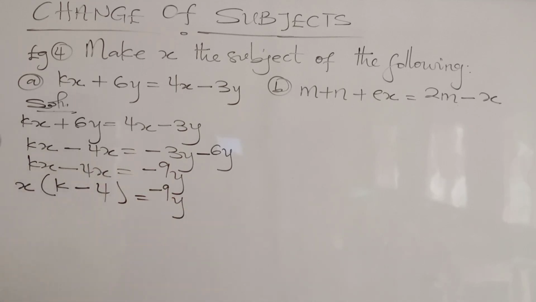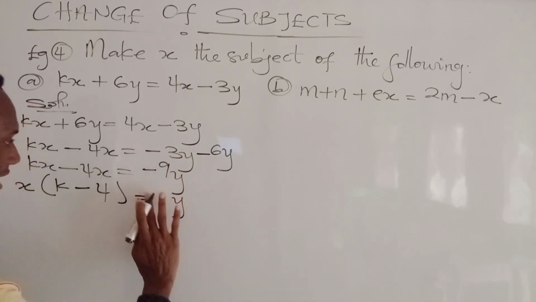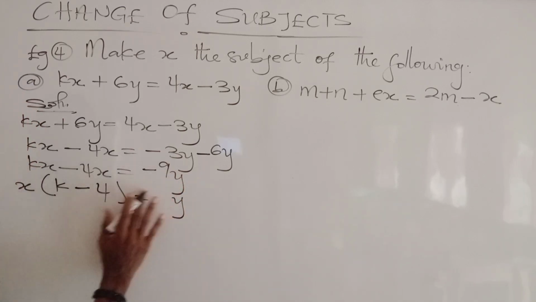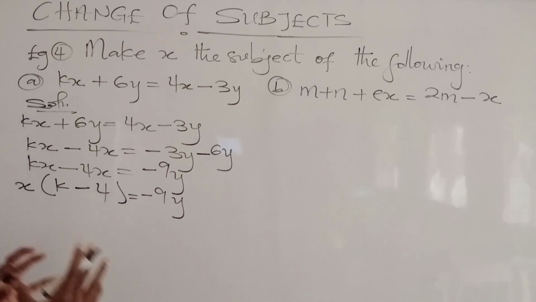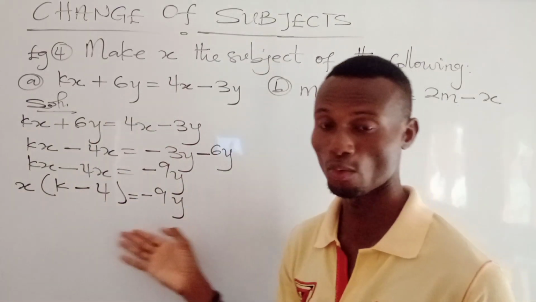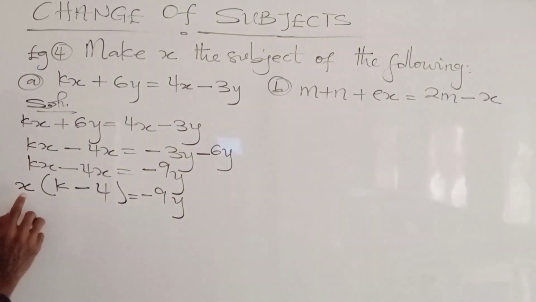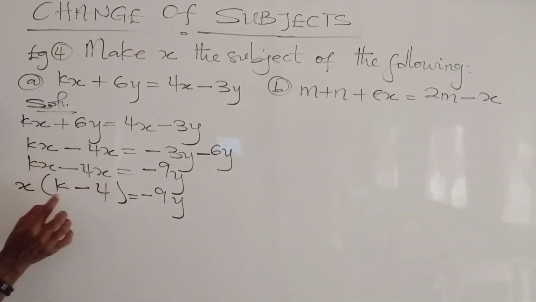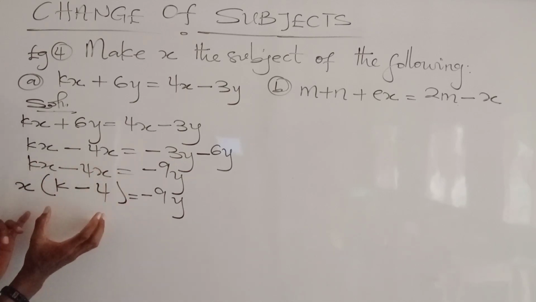I hope you understand up to this point. So let me write my negative 9y here, equals negative 9y. Now we have to make sure s stands alone from this equation. You can see that the s is multiplying the k minus 4, which is in a bracket.